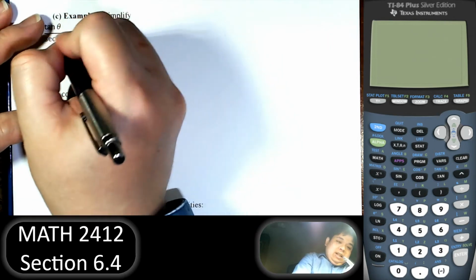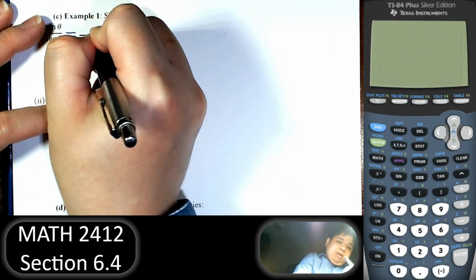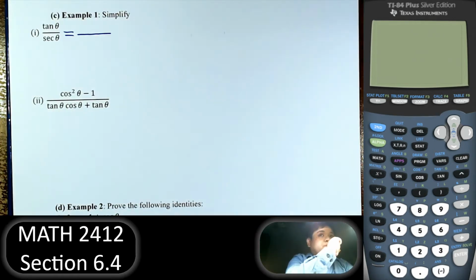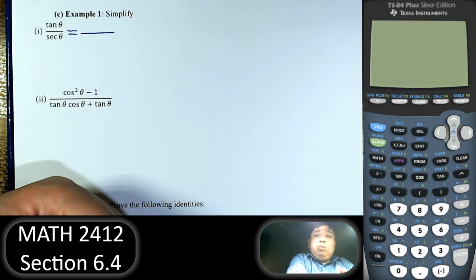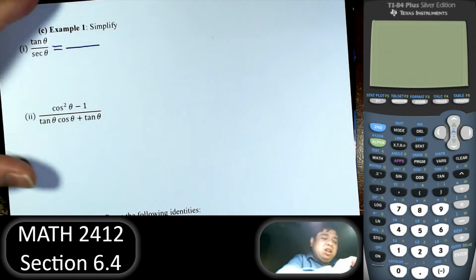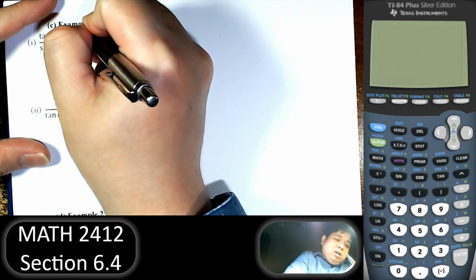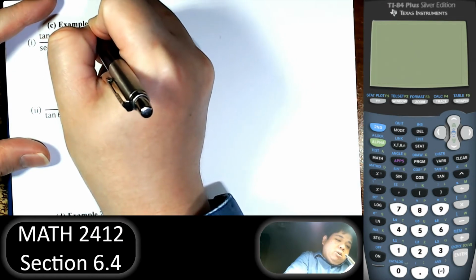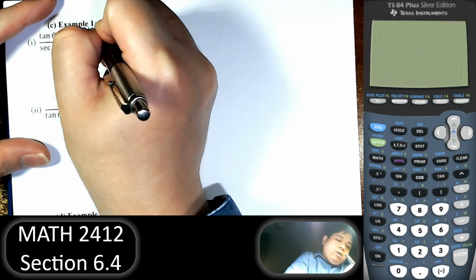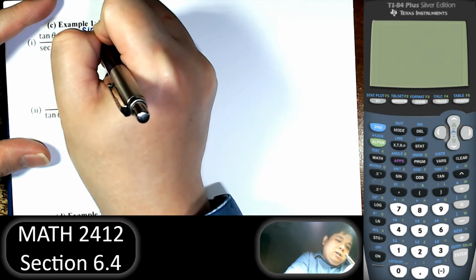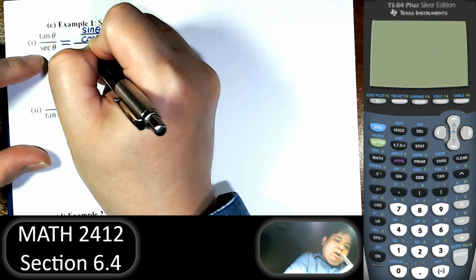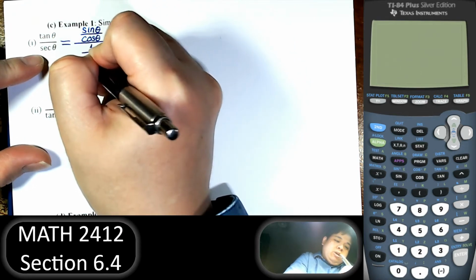Well, let's first. The rule is, if you want to simplify things a little, try putting everything in terms of sine and cosine. Tangent is sine over cosine. Secant is 1 over cosine.